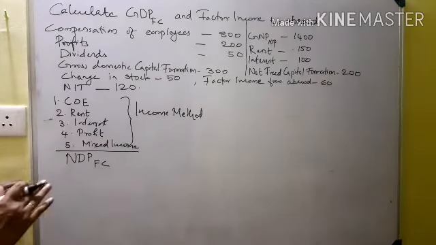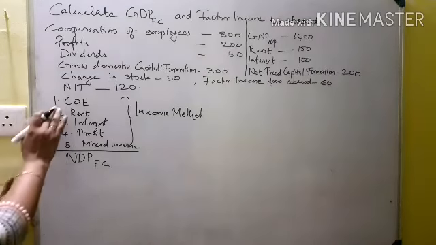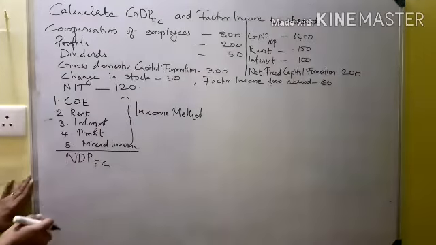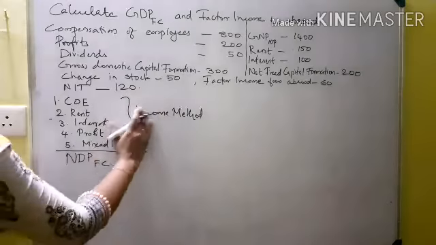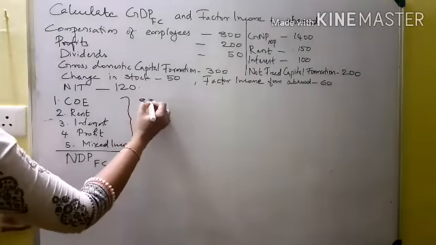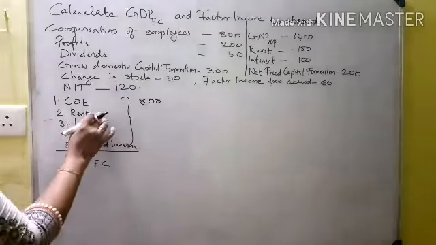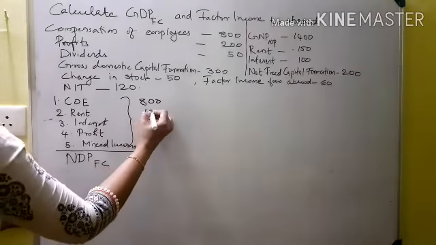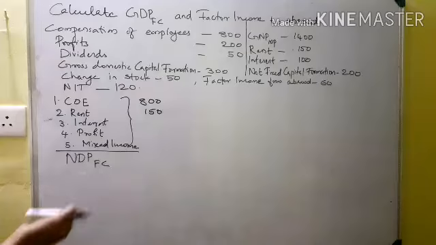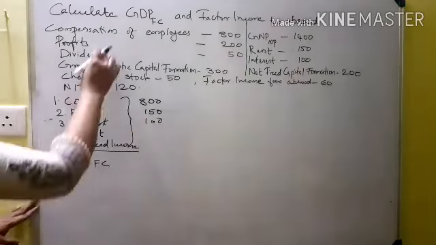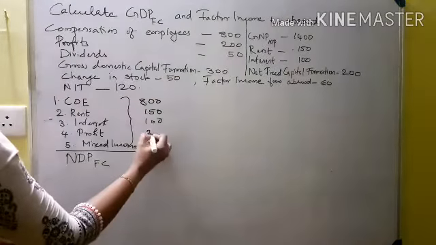Then one by one we discuss. Compensation of employees, given in the question, is 800. Next, rent is given, that is 150. Interest is also given, that is 100. Profit is 200.